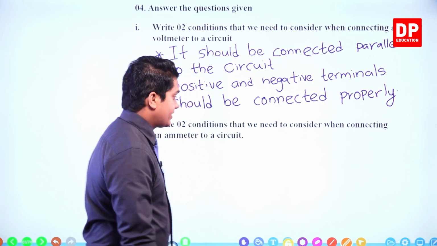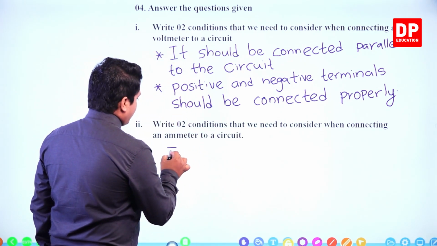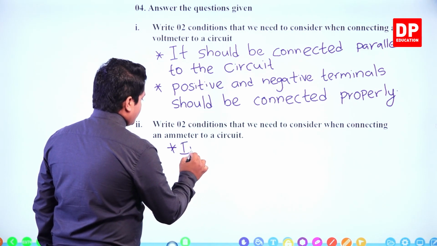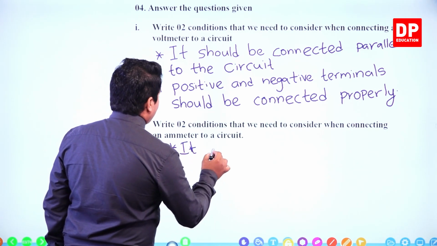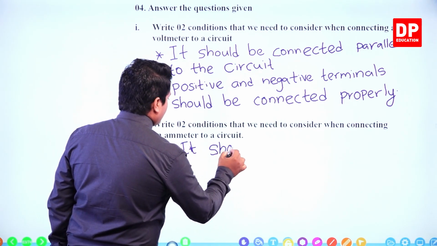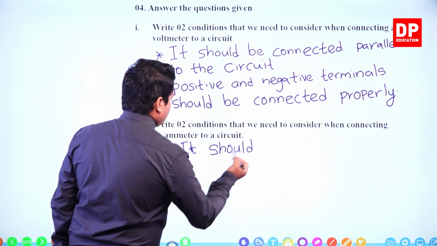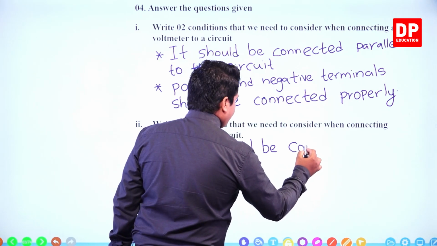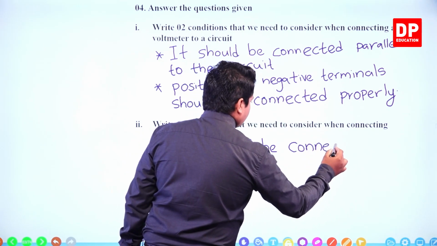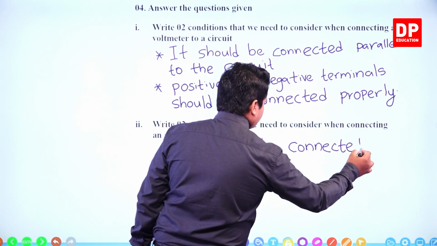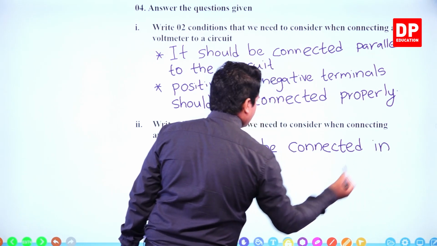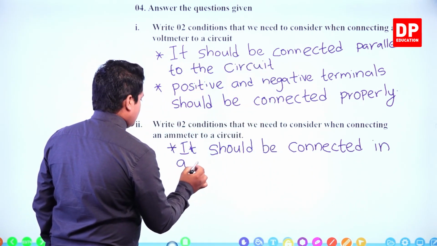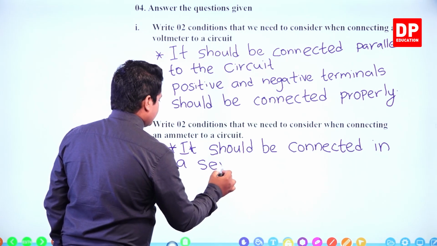That is the first fact. So we can write, it should be connected in a series connection.